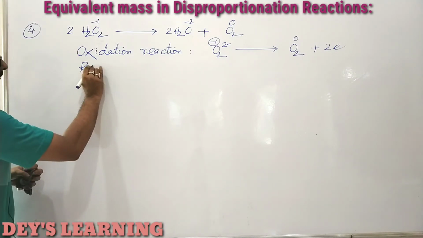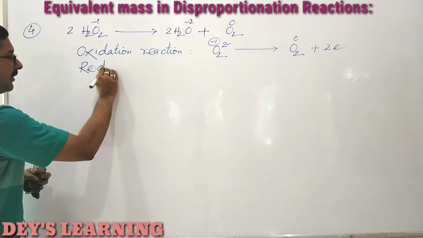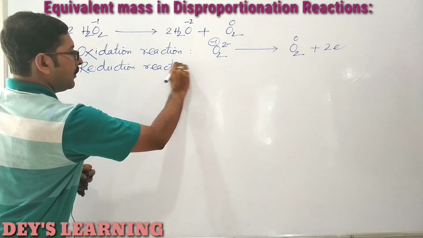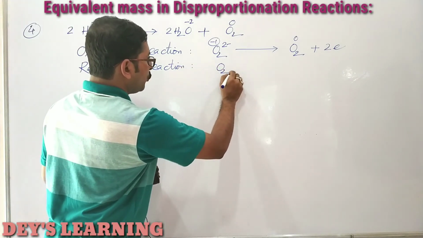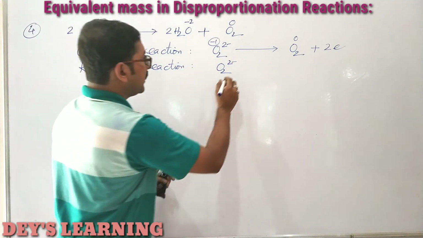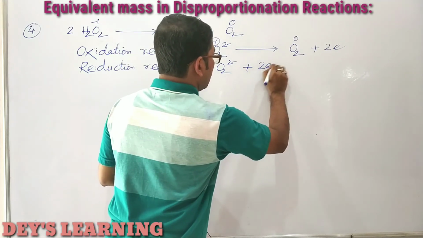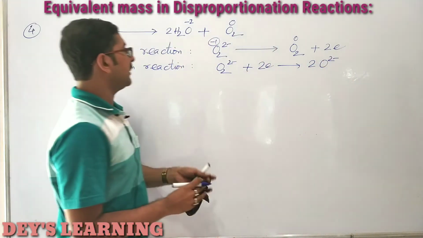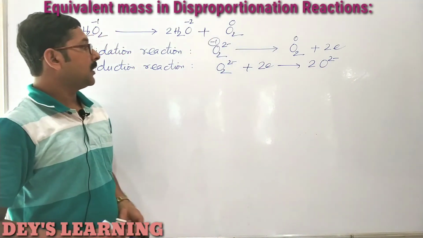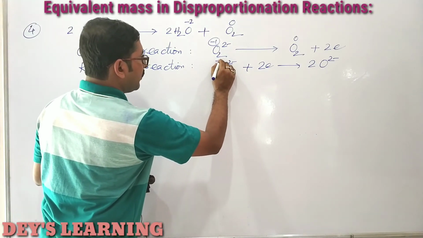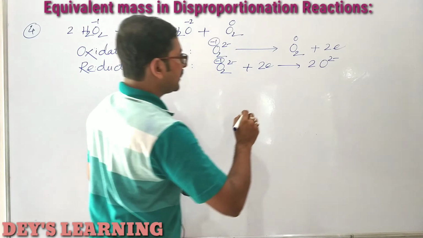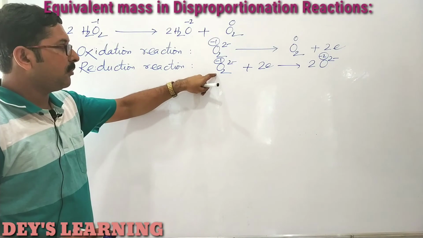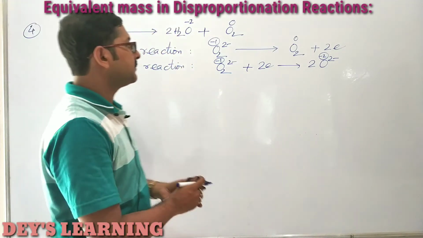In the reduction reaction, we can write again the peroxide ion O2 2- accepts 2 electrons to produce 2 O2-. This is our oxide ion which is present in the water molecule. The oxidation number of peroxide oxygen is -1 here and the oxidation number of oxygen is -2 here. So 2 oxygen atoms accept 2 electrons to form oxide ion.